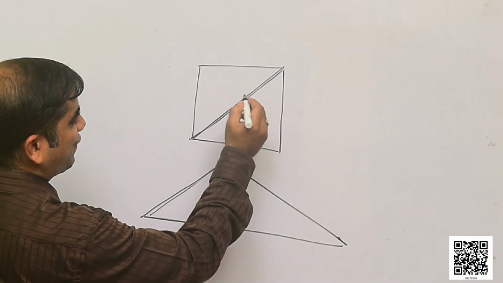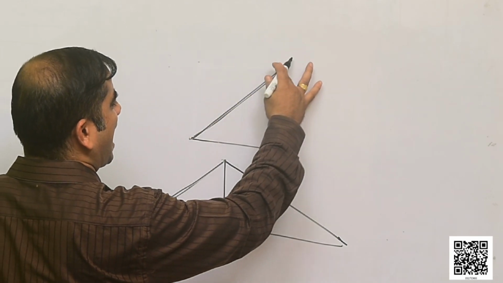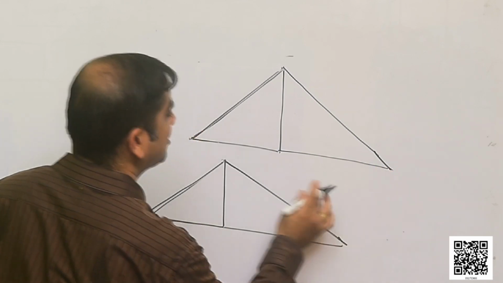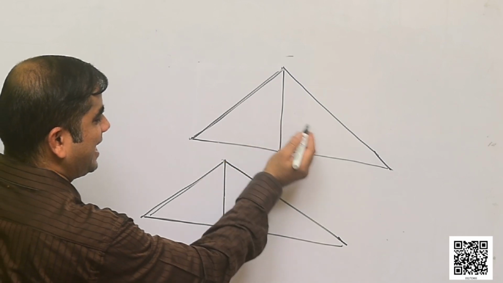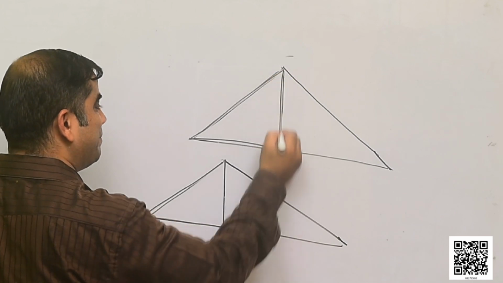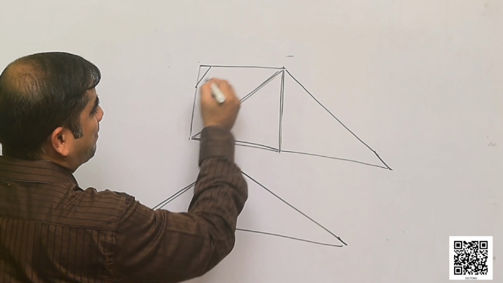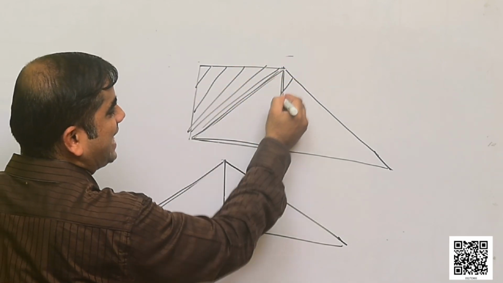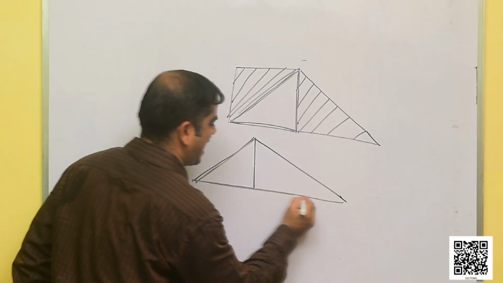See, if I erase this part of the square and keep it in the reverse order, I can draw the same triangle. Again, if I fold it like this, I can come to this position. But if I open it again, I will have the square. So this part is separated out from the square and is kept over here to construct this triangle.